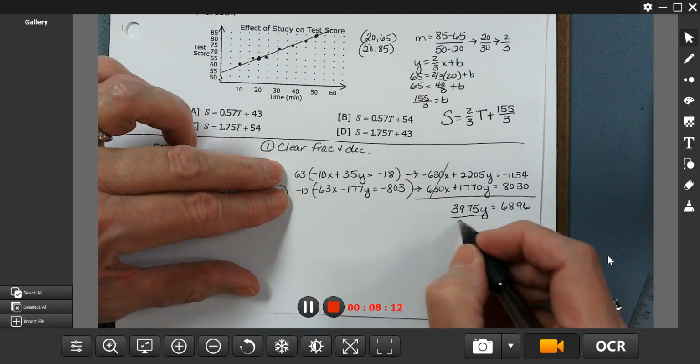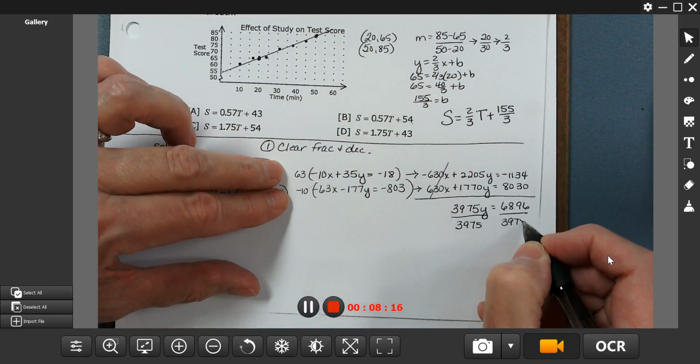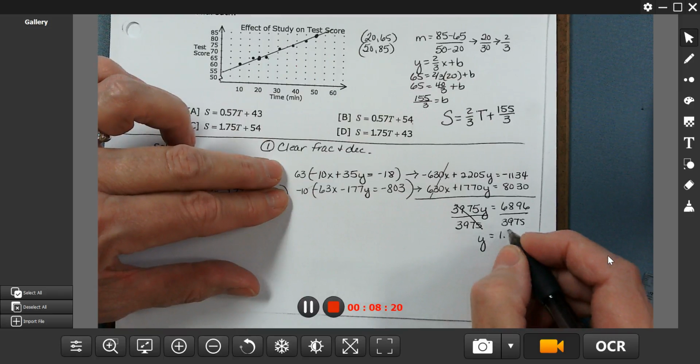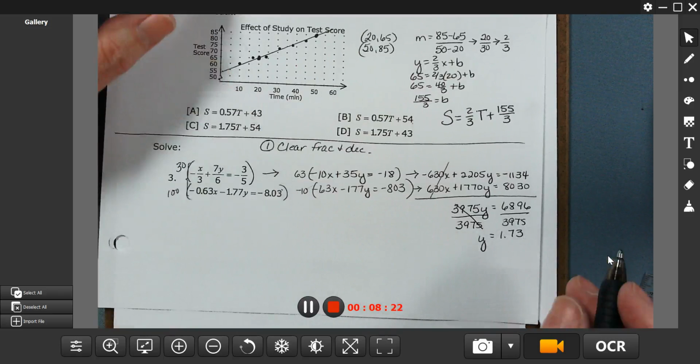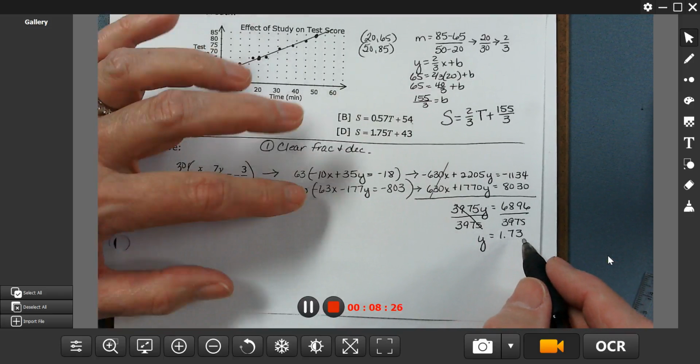So divide both sides by 3975, and that will allow me to get y by itself, which is 1.73. So then you're going to want to take this and plug it into one of these original equations.